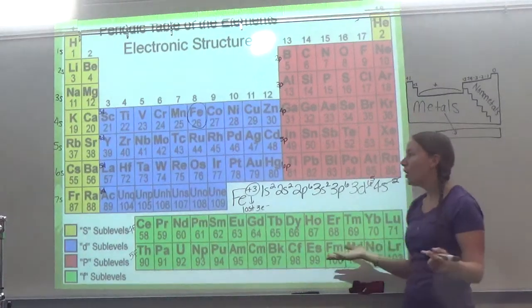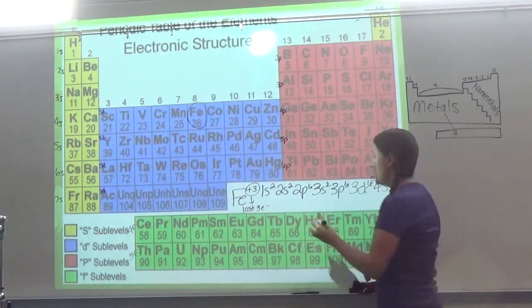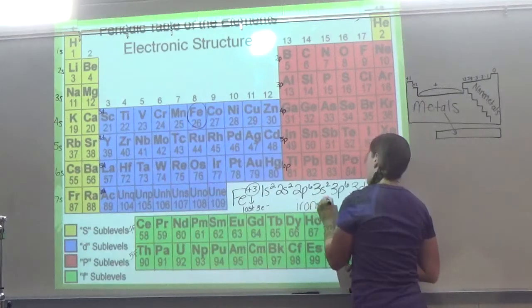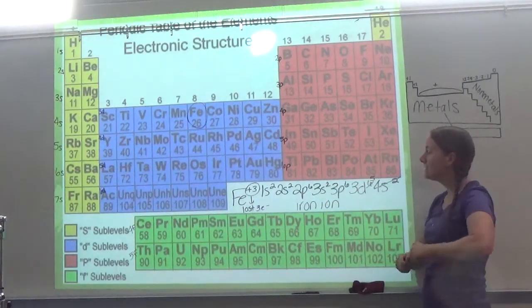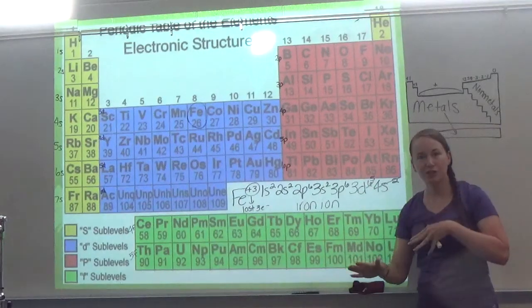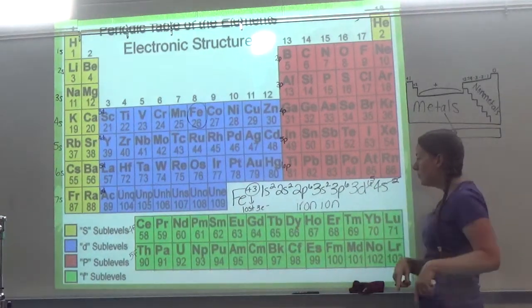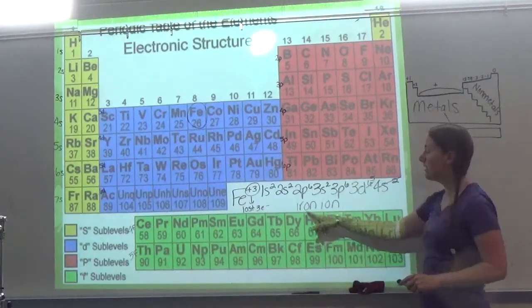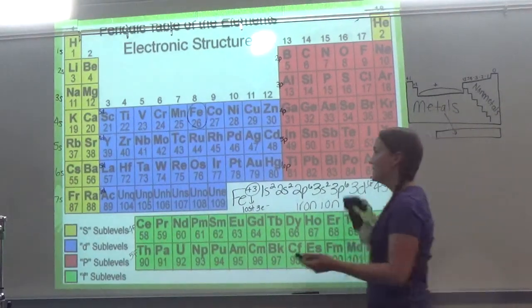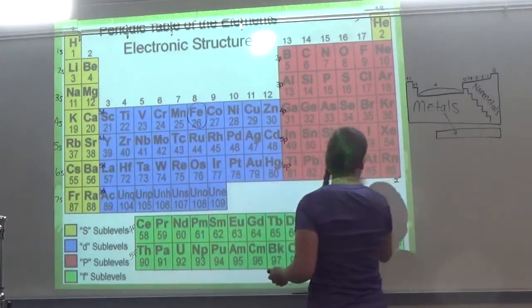All right, and then what do we call this? Well, since it's positive, we don't change the name. So it's just an iron ion, just like that. All right, so for positive ones, make sure that you have rearranged. You remove whatever you need to remove to take care of the charge, and then the name does not change. All right, so let's look at, well, what happens then if we have negative?